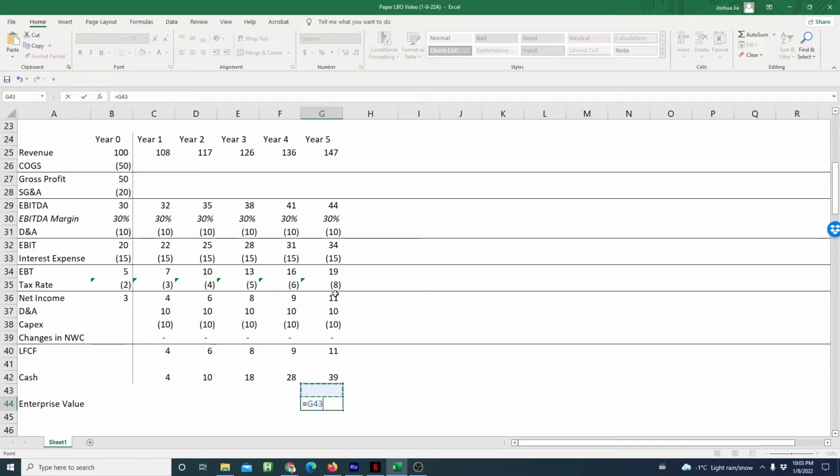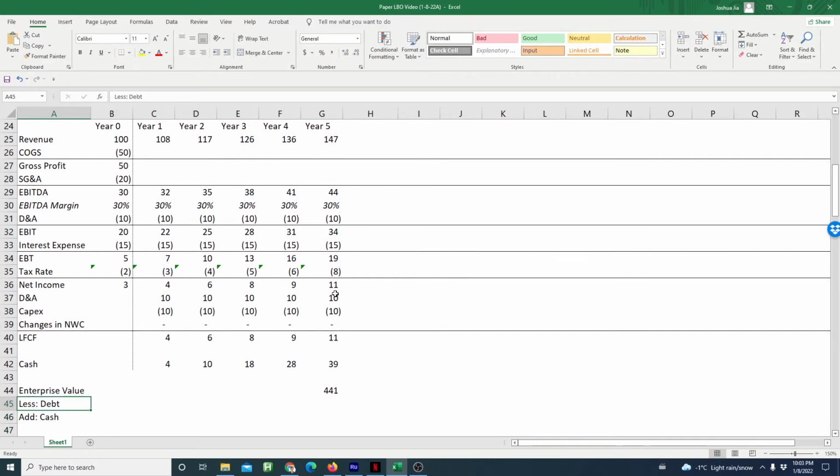We'll just take that, 44, and times it by the exit multiple of 10, which is the same as our entry multiple. Now this number, 441, does not represent the actual cash going to the equity holders yet, because we have to take out the debt. We have to pay back the debt, and then meanwhile, we will also add the cash.